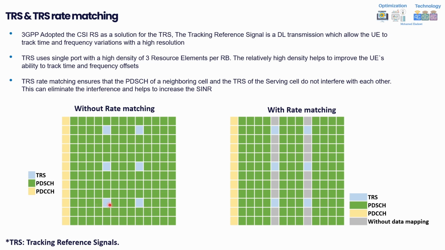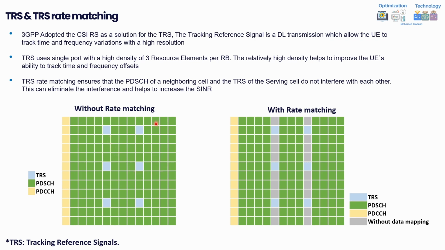These are CSI resources as well, but used for tracking frequency and time domain, to improve the UE's ability to track time and frequency offsets. The main idea is that the TRS uses higher density.